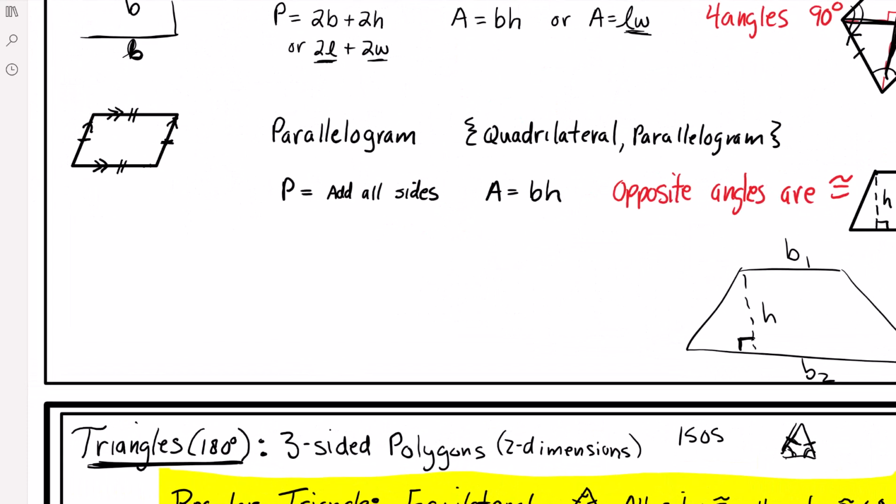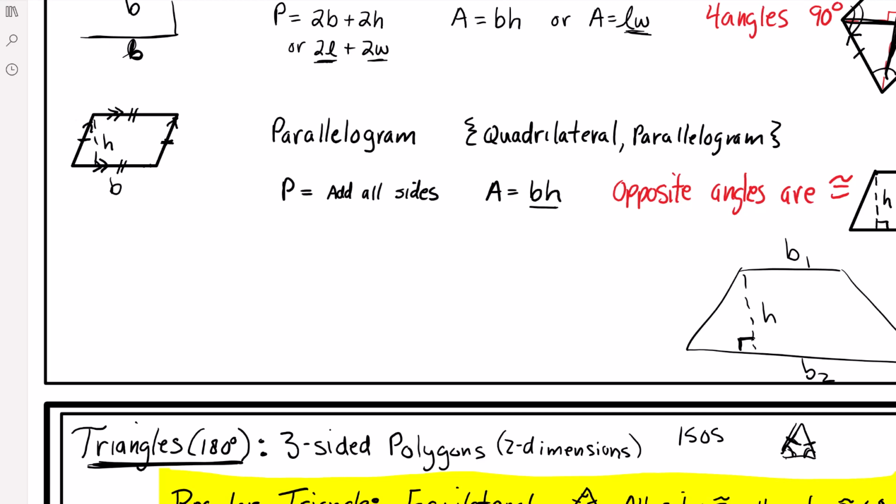Parallelogram, you're going to have to find the height, and then you're going to treat it almost like a rectangle, but it will definitely be called the base times the height. So here's the height. This is called the base. In this case, they won't really have a width because the sides are at a slant.